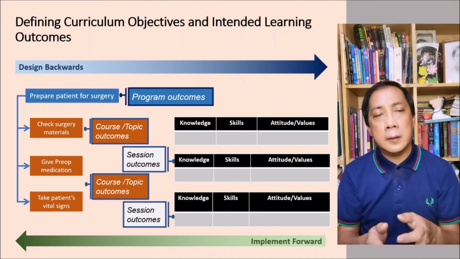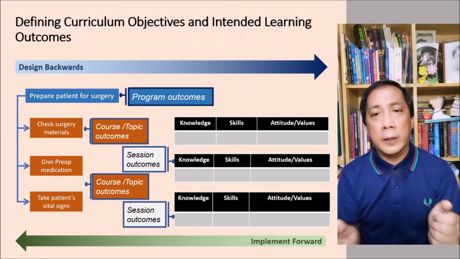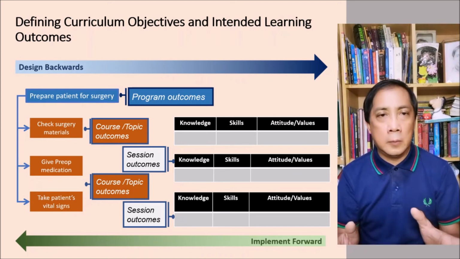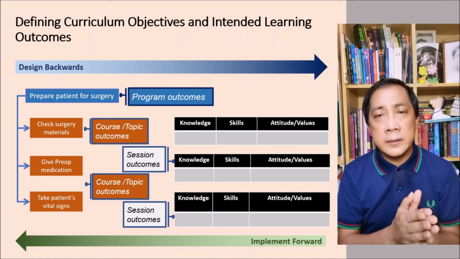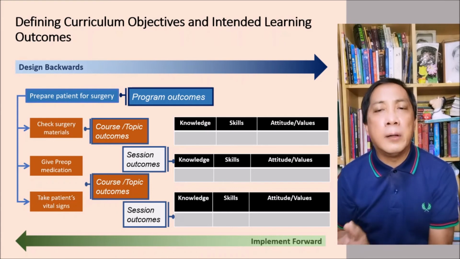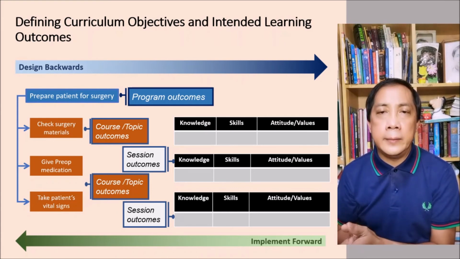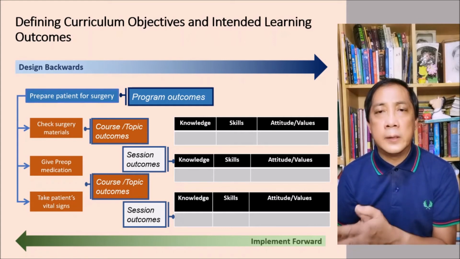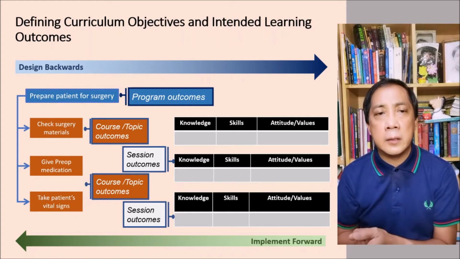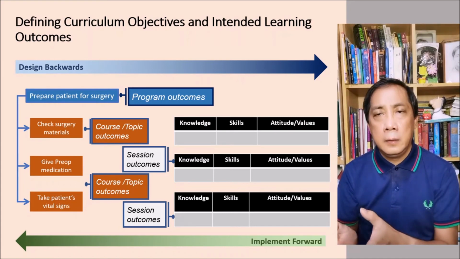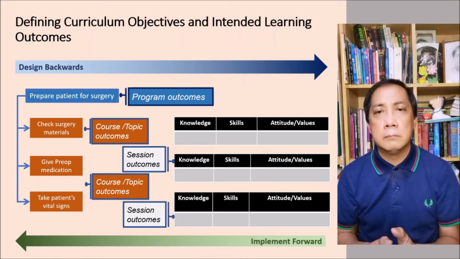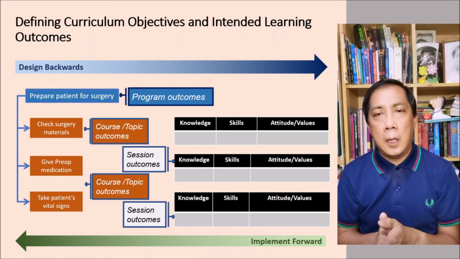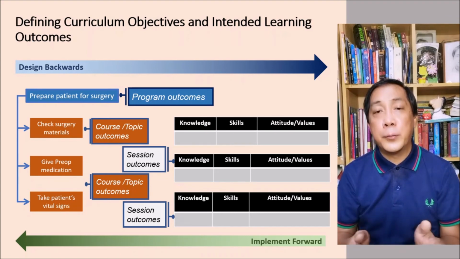So as you will notice at the top, I put "design backwards", because to design a course, which is what you're doing now, you need to design backwards, meaning you start from the terminal competency, identify it, and move backwards to the smallest task and the smallest KSA that are needed to perform the program outcome. For example, if you talk about dental hygiene education, your eventual terminal competency or program outcome is for them to be able to conduct oral hygiene education to both teachers and students.